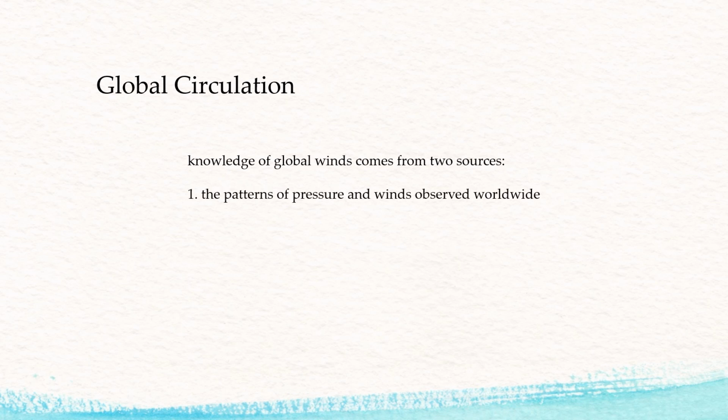We're going to the global circulation because we've talked about the local winds. Now we're going to check the global circulation. This global circulation actually came from the knowledge of two sources. First is the pattern of pressure and winds observed worldwide.